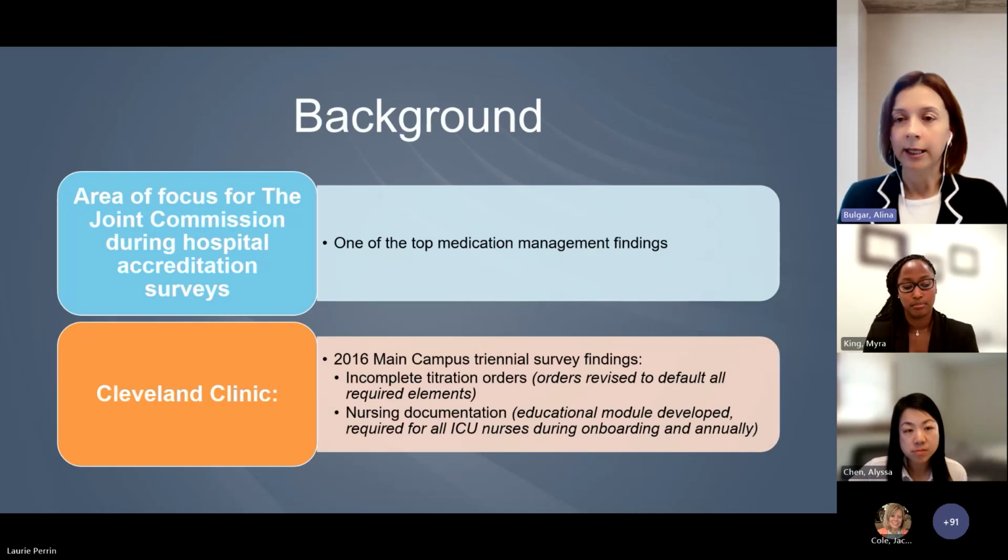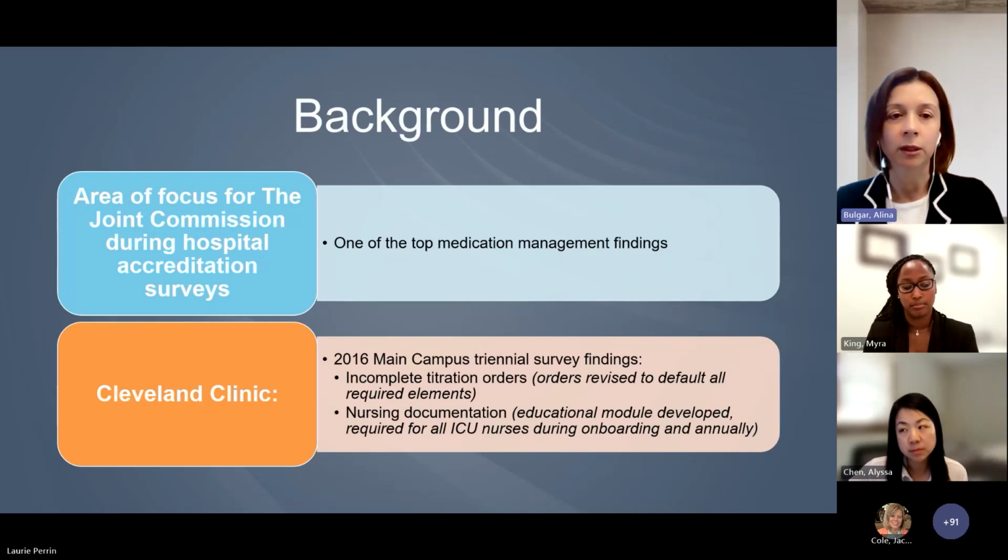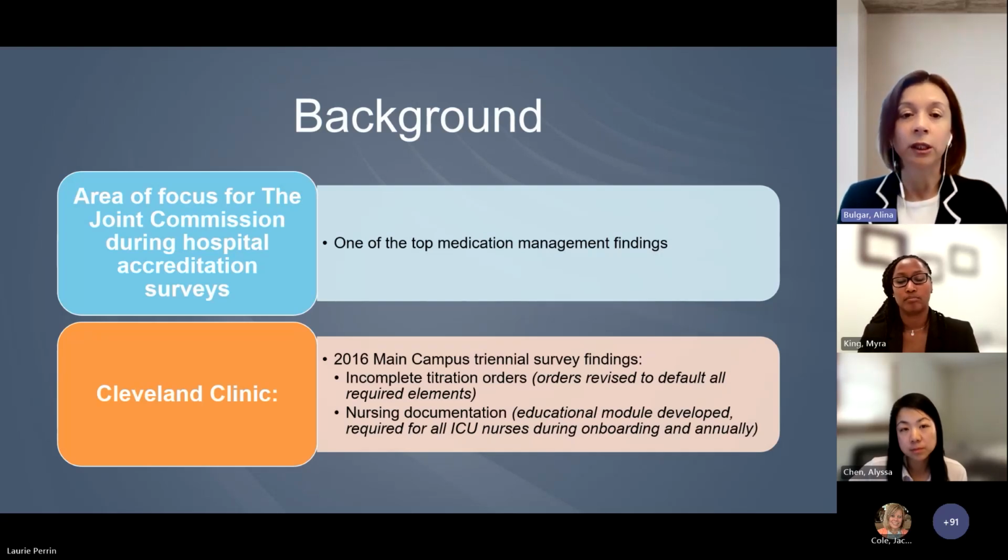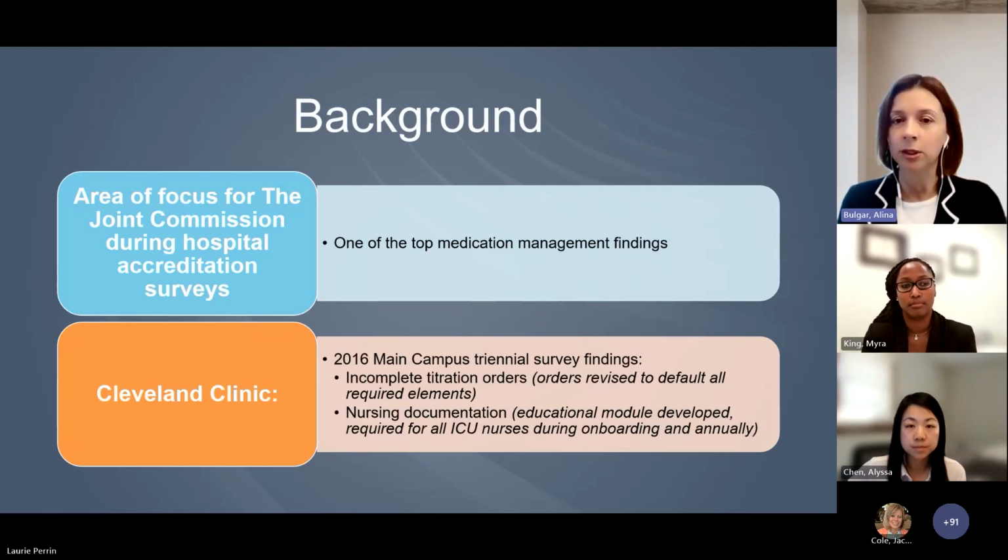So we were not alone at that time. This is an area of focus for Joint Commission during the hospital accreditation surveys, and it's been one of the top medication management findings for the past, I would say, at least 8 to 10 years. Once again, we are not alone in this journey, but for today's presentation, I wanted to walk you through what we have done to address some of these findings and to optimize our titration orders. Next slide, please.